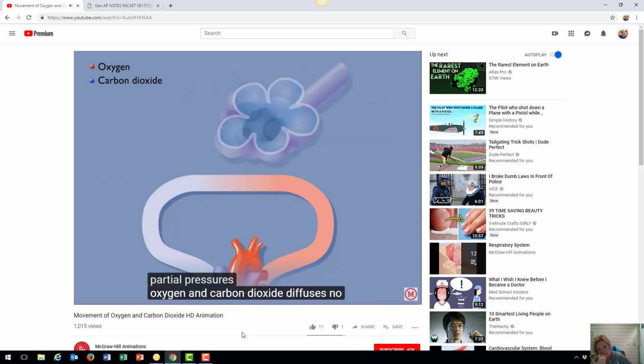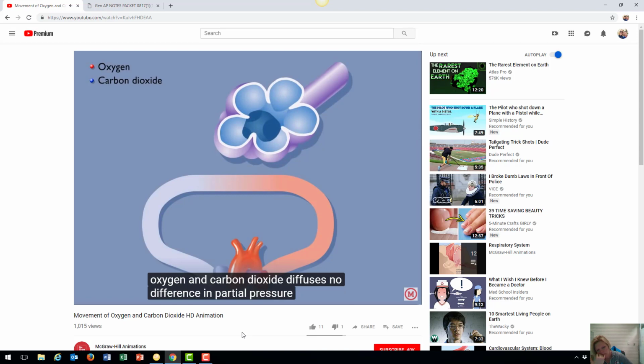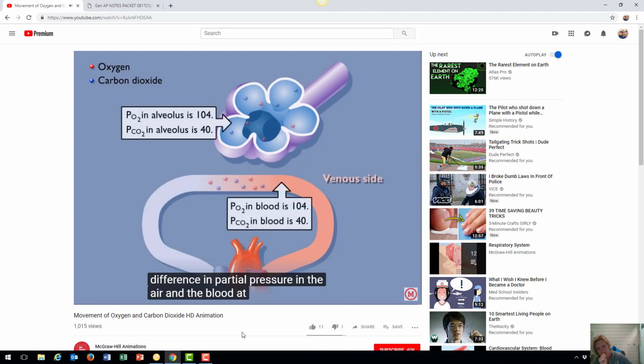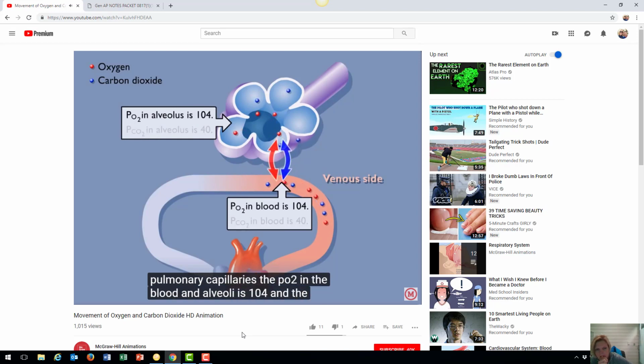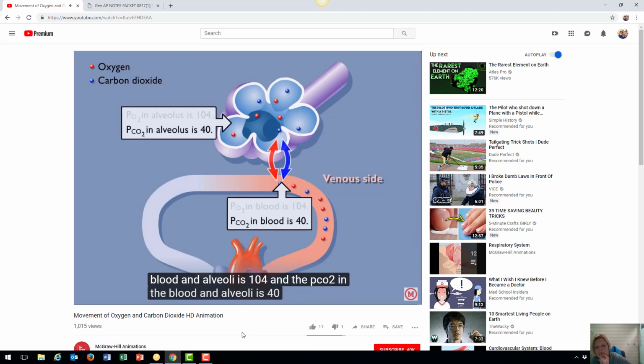Oxygen and carbon dioxide diffuse until there is no difference in partial pressure in the air and the blood. At this point, there is no more net movement of O2 or CO2. Therefore, at the venous ends of the pulmonary capillaries, the PO2 in the blood and alveoli is 104, and the pCO2 in the blood and alveoli is 40.